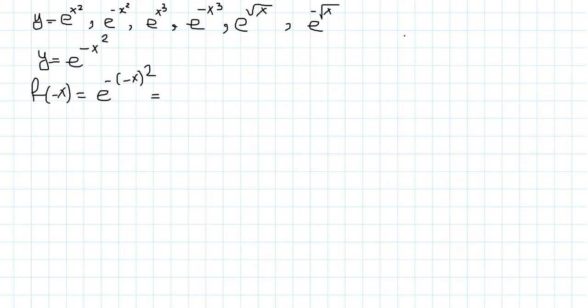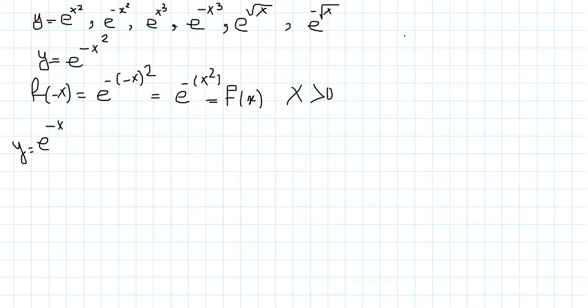Again it will be e to the power of minus x squared, and f of minus x equals f of x. So it is even. We only need to draw x bigger than 0.